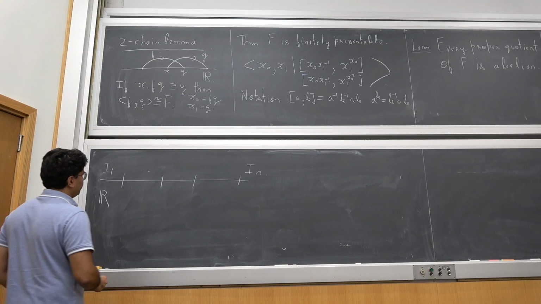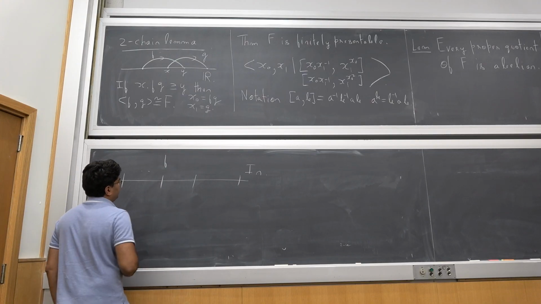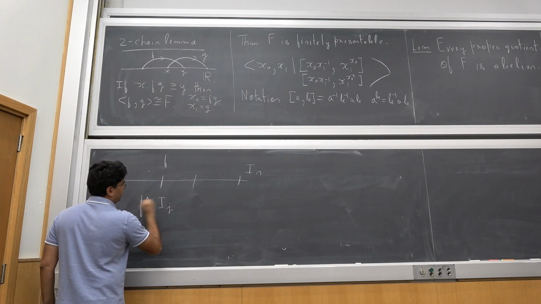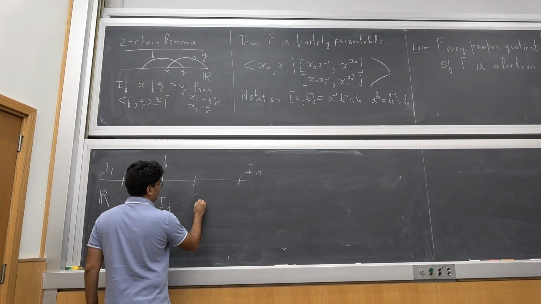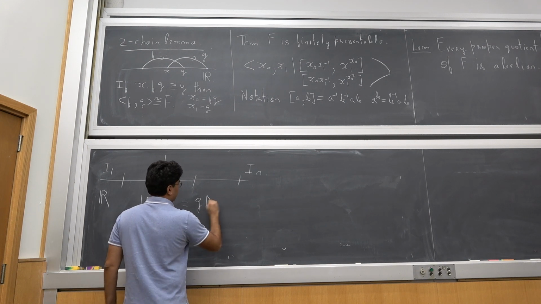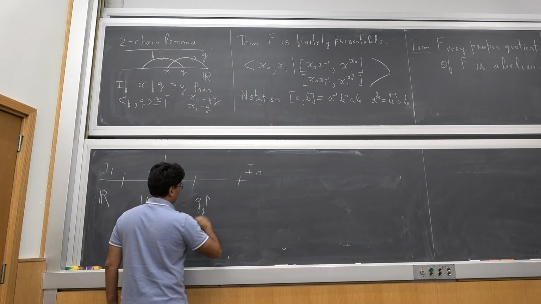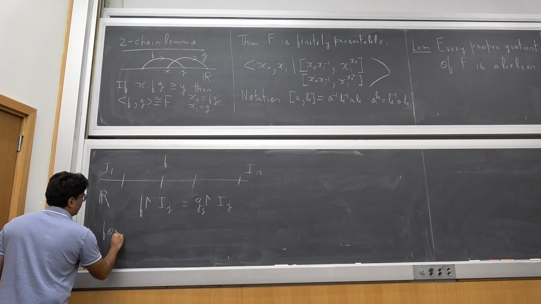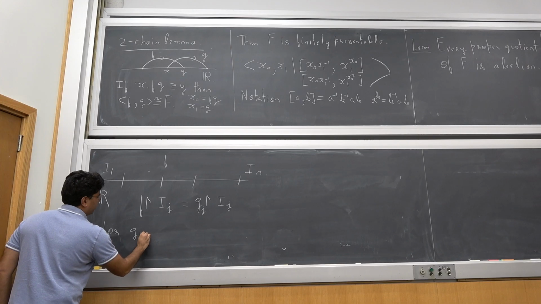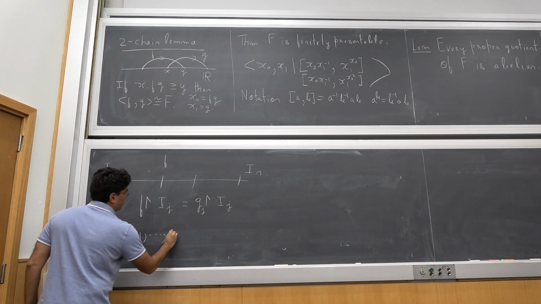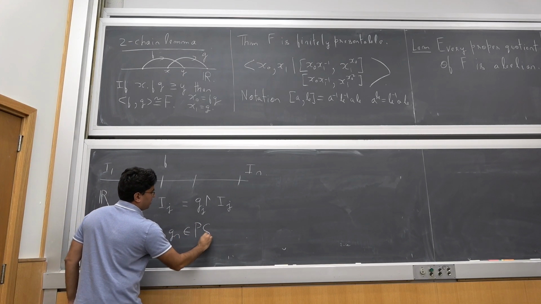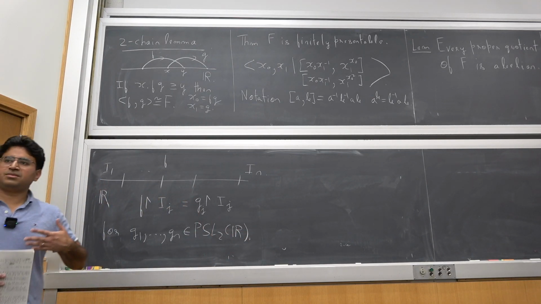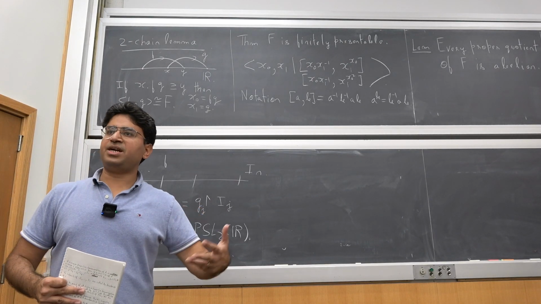And I define a homeomorphism F such that the restriction of F to each Ij agrees with the restriction of Gj to Ij, for G1 through Gn in PSL2R. Okay, this is what I call a piecewise projective homeomorphism.